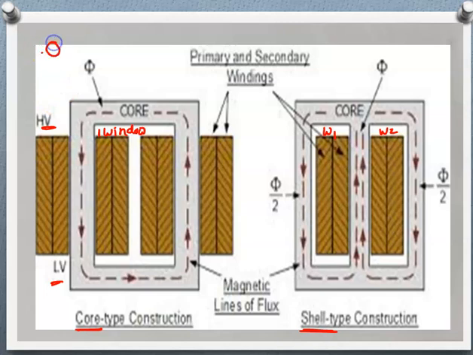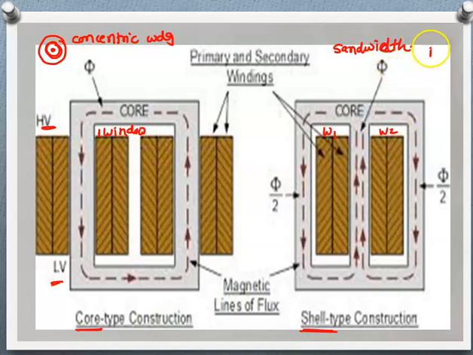That means LV is placed first. This is the core. Then LV is placed. After some insulation, HV is placed. And this is called the concentric type of winding. And in the case of shell, we use the sandwich type of winding.